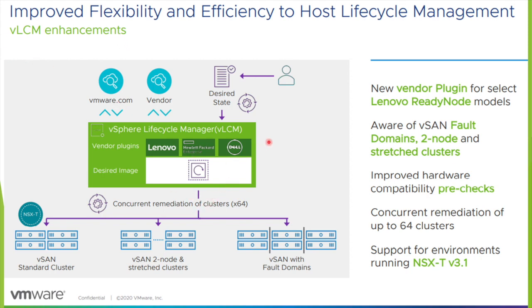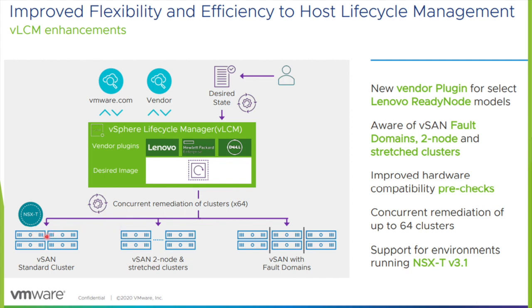And then they have support for concurrent remediation of up to 64 clusters. One thing we need to remember is that in vSAN, we still cannot have more than one host down in maintenance at any point. However, if we have multiple clusters, like I'm showing here 1, 2 and 3, we can have concurrent remediation.